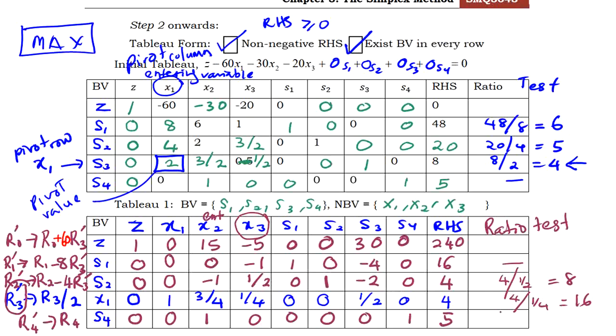We also don't take 0 for the ratio test. No negative and no 0, okay? If you find the ratio negative or over 0, then you just put a dash. So for this case, the lowest ratio is 8. Therefore, S2 will become the leaving variable.